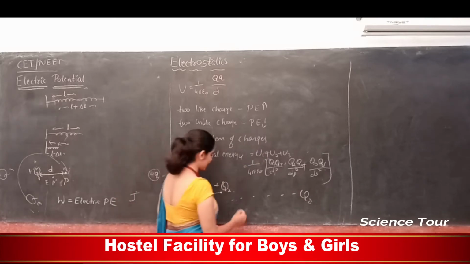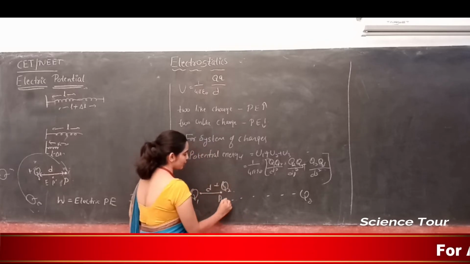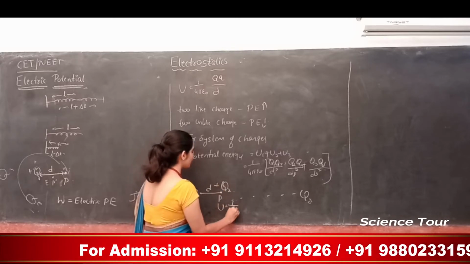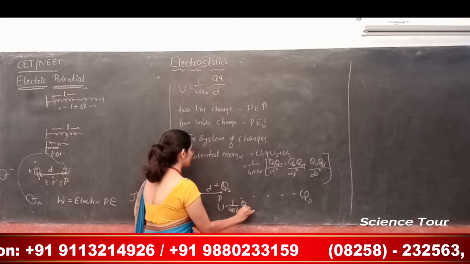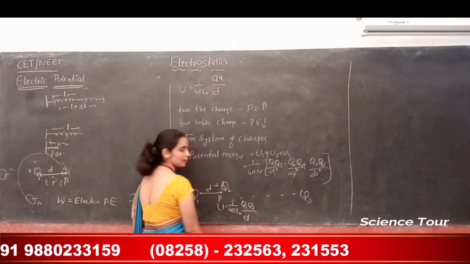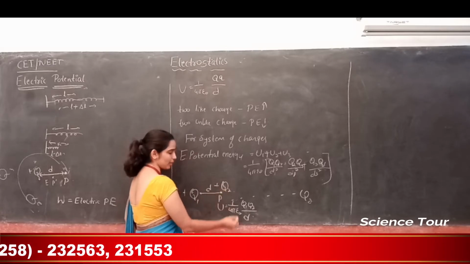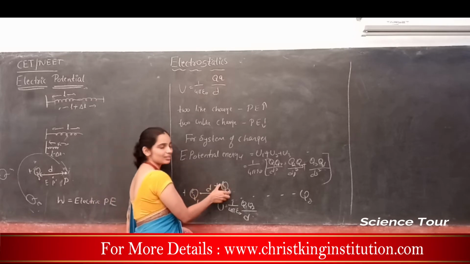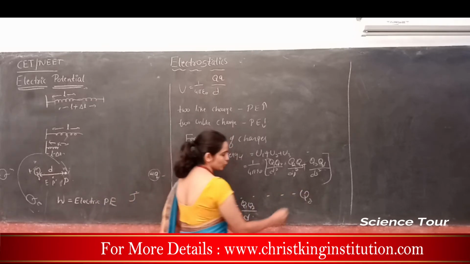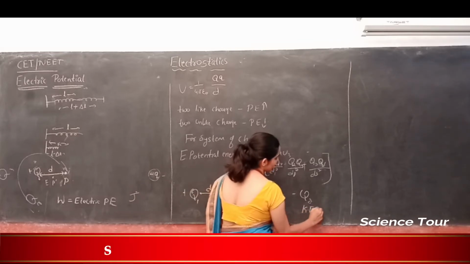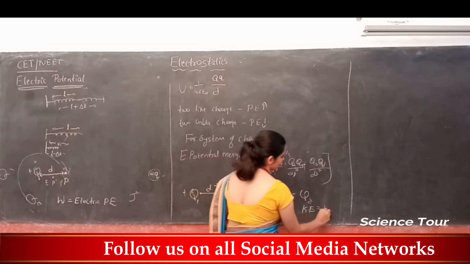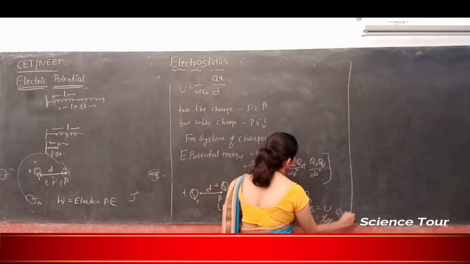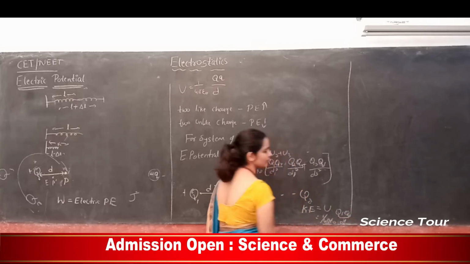At this position P, the potential energy of these two is 1 by 4 pi epsilon naught Q1 into Q2 divided by D, correct? When you release the charge, it will move to infinity. So at infinity, its kinetic energy will be equal to the potential energy here, which is nothing but 1 by 4 pi epsilon naught Q1 Q2 by D. I repeat.